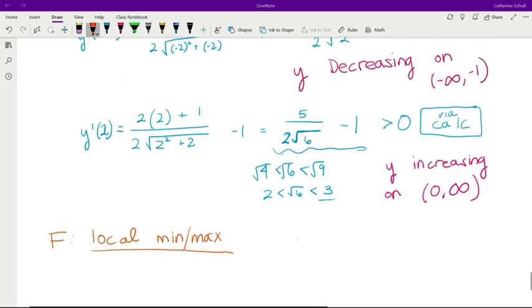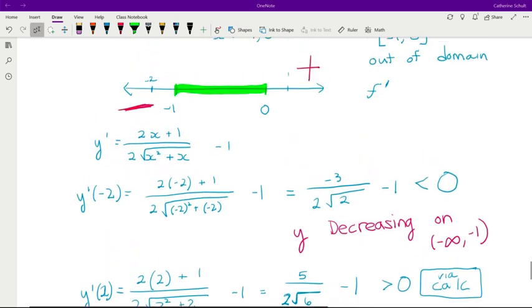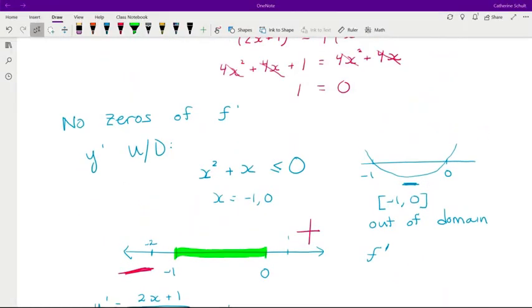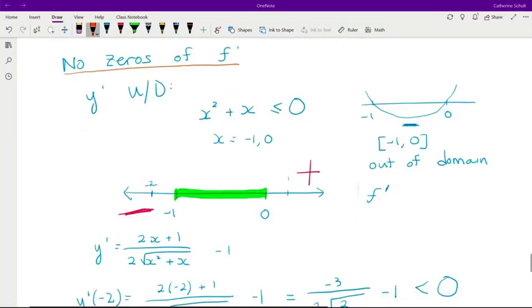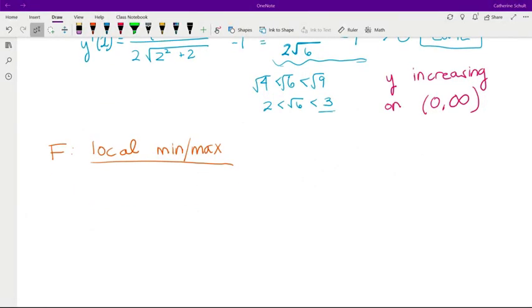And there's really no local mins and local maxes, right? Because there's no zeros of f prime. So there's no local min and local max. So let's write out that thought process. No zeros of the derivative, so there's no critical numbers per se.